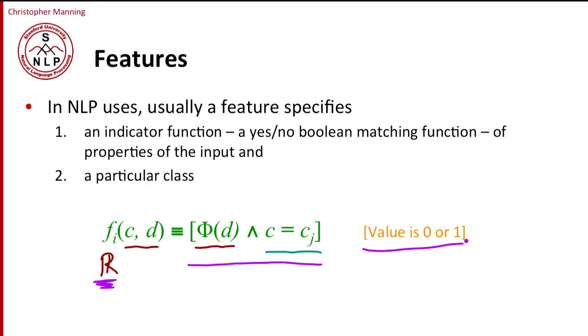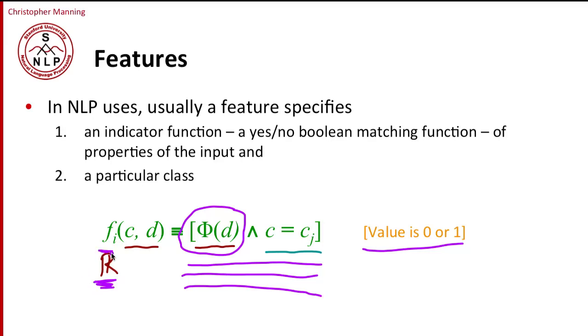Now, every feature that we're going to present in this class is of exactly this form, and that's true of 99% of how these features have been used in natural language processing work. So we can equally say that phi d is a feature of the data D when for each class Cj, the conjunction phi d and C equals Cj is a feature of a class data pair.